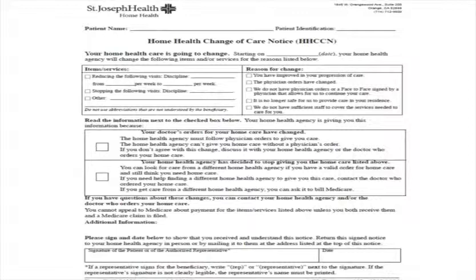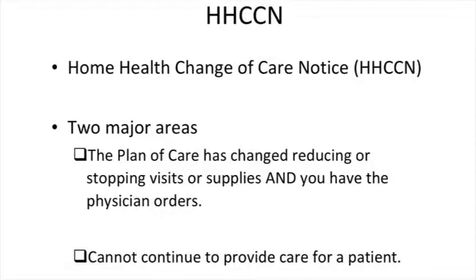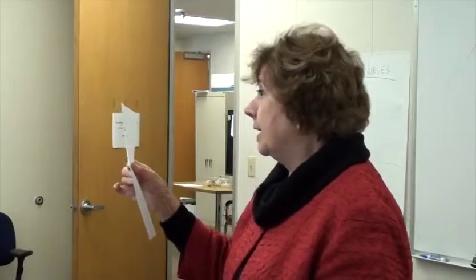This is not an optional form. The ABN is optional, only when a patient is going to have a financial liability. But this form is not optional. This form is used for 2 different reasons. One, and this is the one that you're going to use it the most, is when you have a patient, you have gotten orders, you had a plan of care, it said you were going to go out 3 times a week for 2 weeks, and then 1 time a week for the next 7 weeks, let's say.